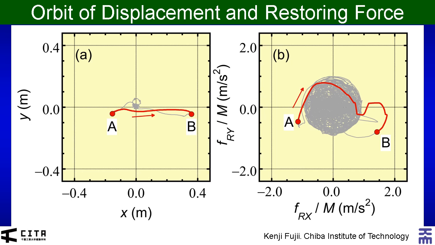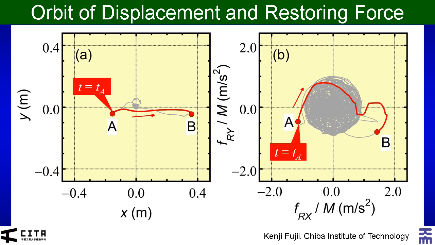To understand the definition of the momentary input energy, here shows an example. What I'm showing in the left is the orbit of response displacement, while in the right is that of response restoring force. The points A and B are defined as the points where the absolute value of displacement is at the local maximum.